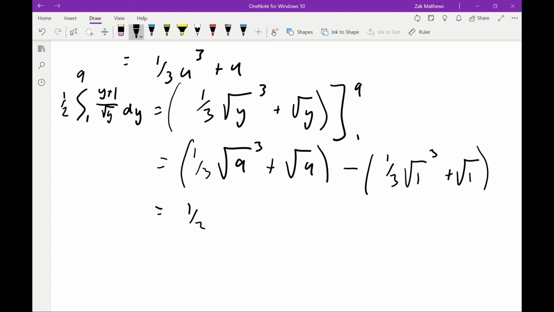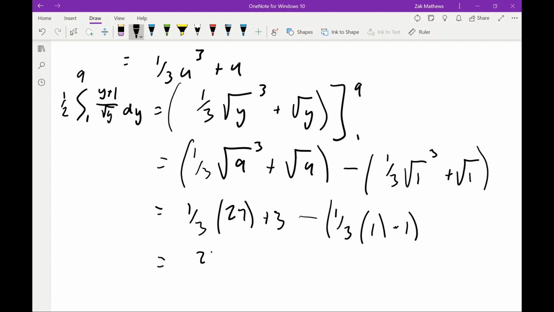So we get 1/3. Square root of 9 is 3, and then 3 cubed is 27, plus 3, minus 1/3, square root of 1 is 1, plus 1. It might be helpful to get all thirds here, so we'll have 27 over 3, plus 3 over 3, minus 1/3, minus 3/3.